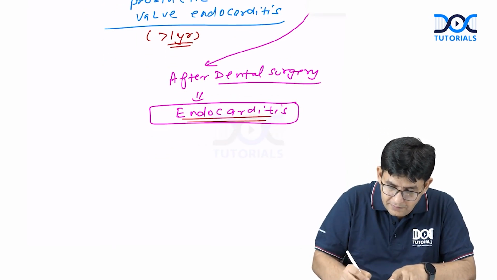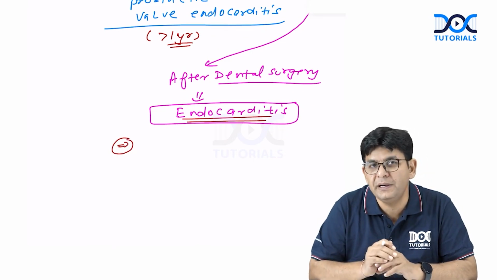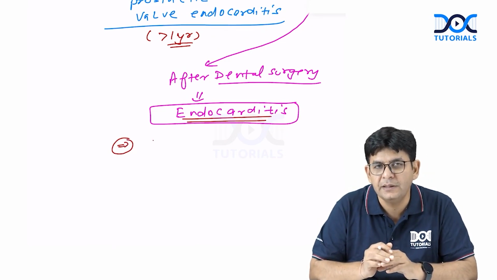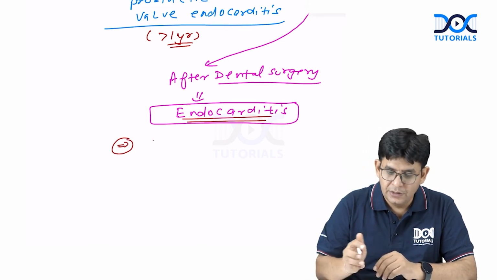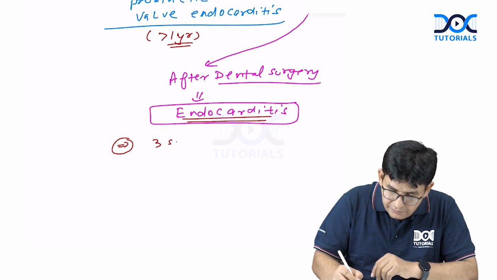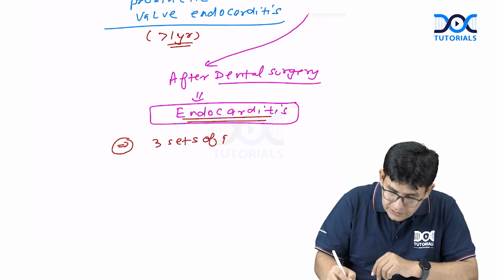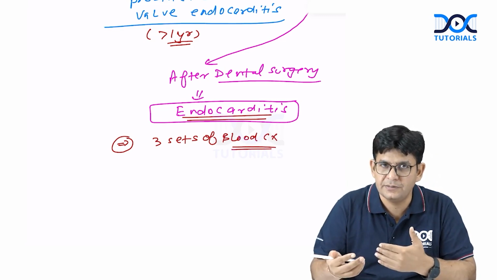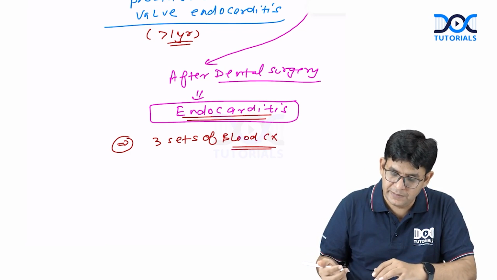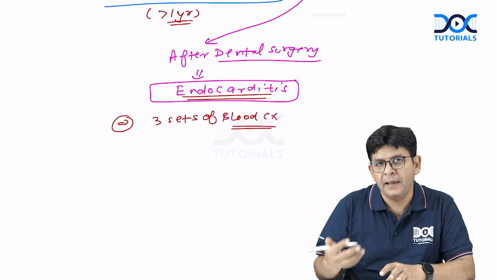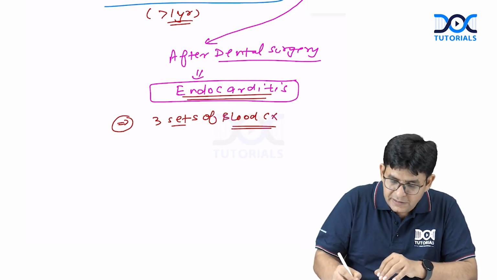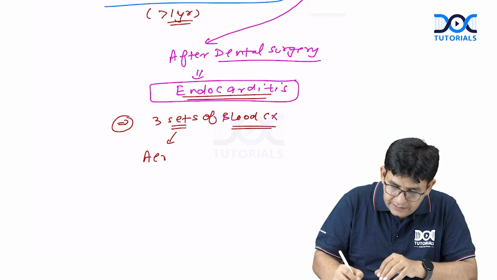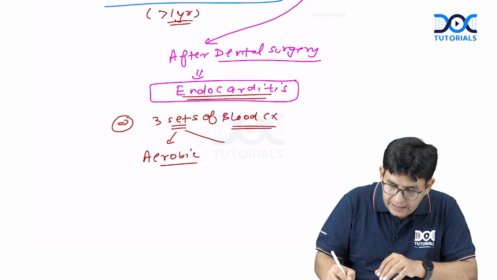Besides this, how many blood cultures should be done? Remember, guys, 3 sets of blood culture is preferred, because the more blood culture sets you do, the more is the yield of the organism. And sets means one bottle in which you put the blood is aerobic and another is anaerobic.